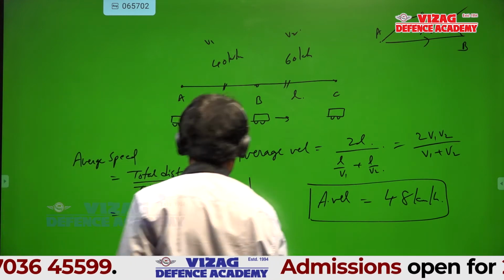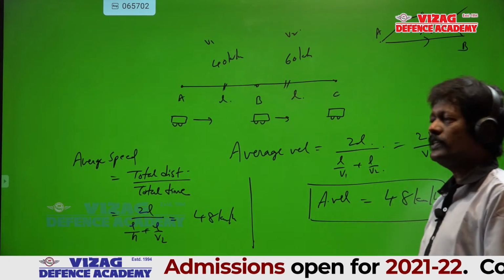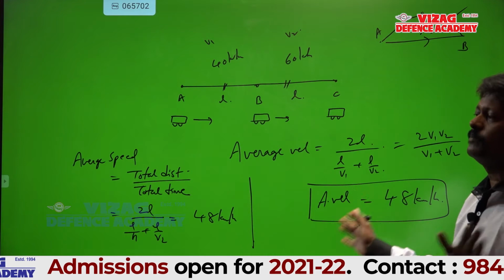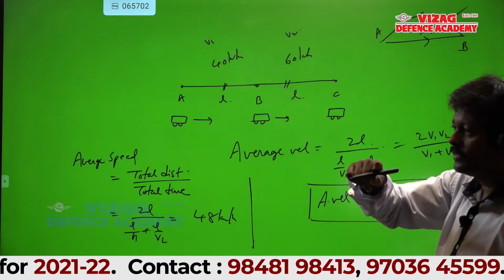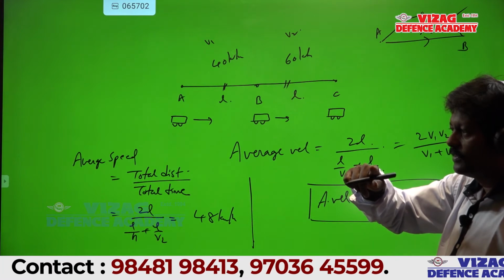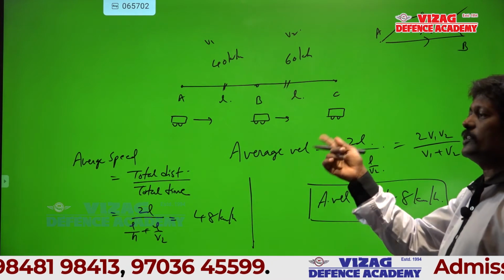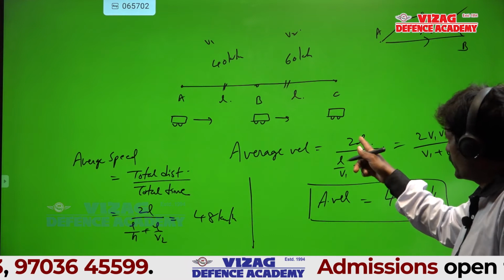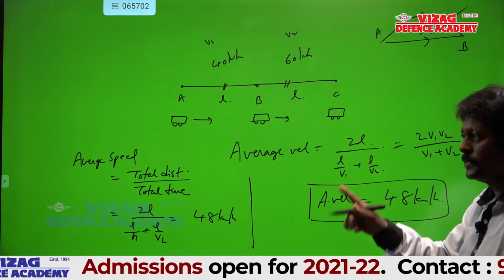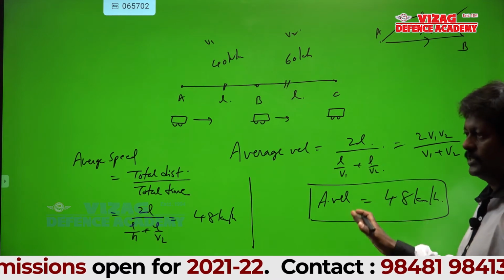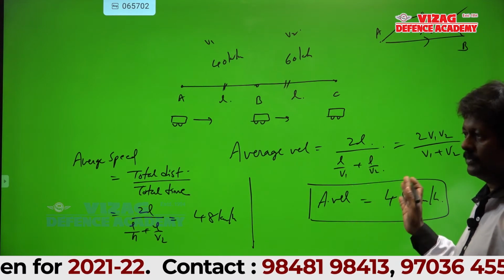So, in this problem, average velocity and average speed are same. In case 1, average velocity is 0, average speed is 48. In case 2, average velocity and average speed both are same, 48 kilometers per hour.